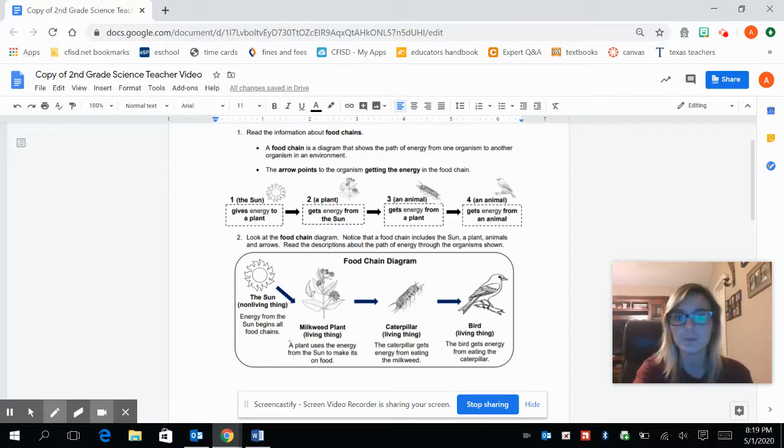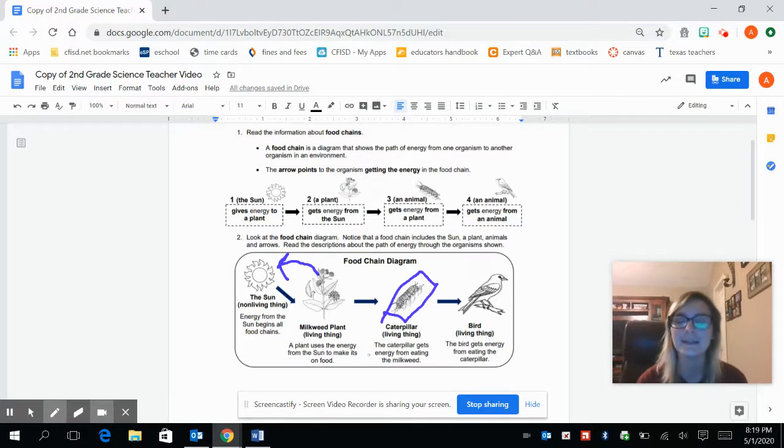So this milkweed plant right here is getting all of its energy from the sun. Okay? And the plant uses that energy to make its food. That's how it survives. So then we move on and we have this caterpillar. Caterpillar is a living thing. The caterpillar is alive and well. Okay? And Mr. Caterpillar, he's hungry. His tummy hurts. It's lunchtime.